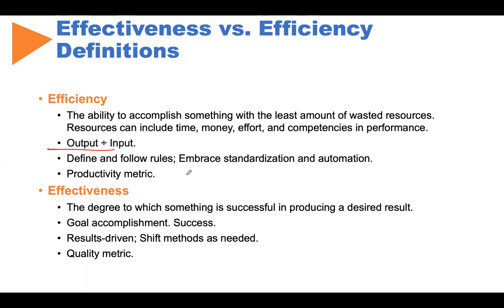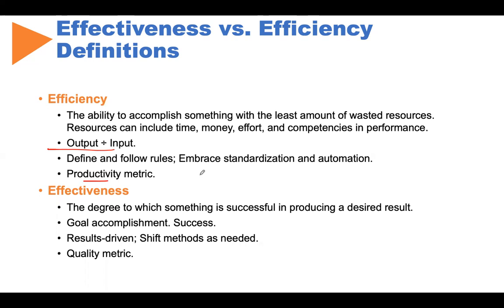When we're using the ratio of output over input and we focus on getting maximum output with a minimum of effort and resources, we are using a productivity metric. So we are being more productive with the inputs, the resources that we have available to us. Efficiency is the ability to do or produce things without wasting materials, time, energy, competencies, etc.